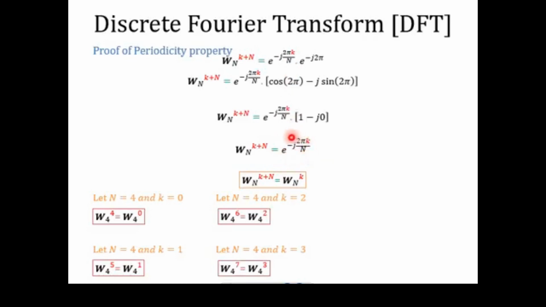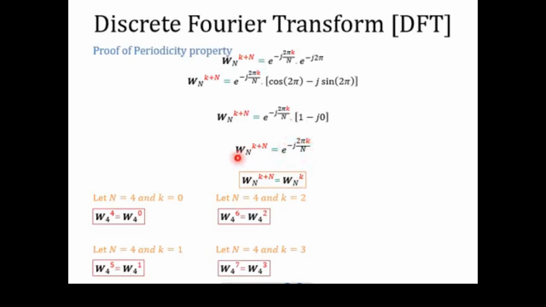This exponential minus j 2 pi over N can simply be written as Wn, while this k, which is written in red color, can be considered as the power of this complex exponential, which can be written in the superscript of this Wn notation.